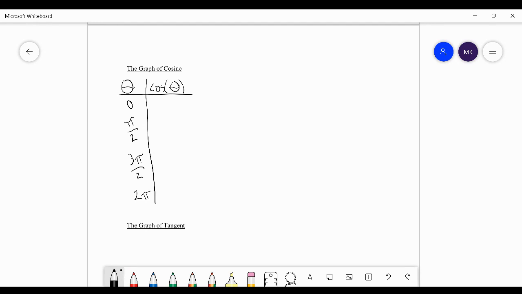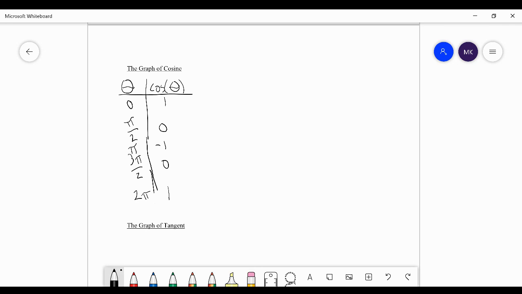So we have this very similar relationship. What that gives us is 1, 0, negative 1 for pi, 3 pi over 2 we get back to 0, and 2 pi back at 1.